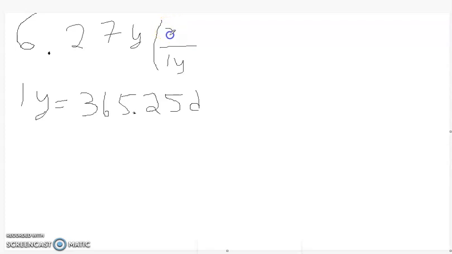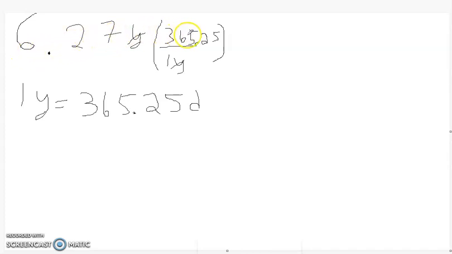So this is 365.25. I'm using the mouse, that's why it's a little difficult to write. That's a decimal point, 0.25. Notice the year cancels.